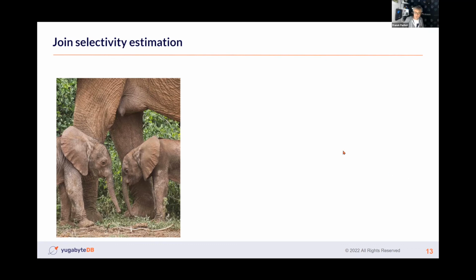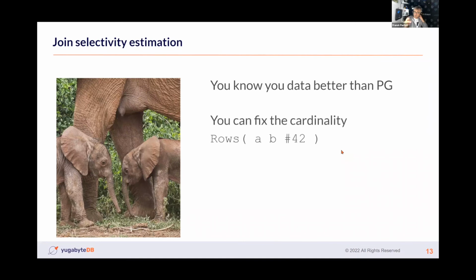So if you want to give more information, there is a hint that can give more information about the cardinality, and instead of forcing something, we tell the query planner, when you join A to B, whatever is your estimation, replace it with this number. And even better, you can apply a factor.